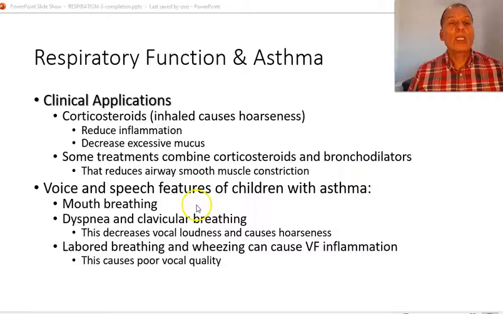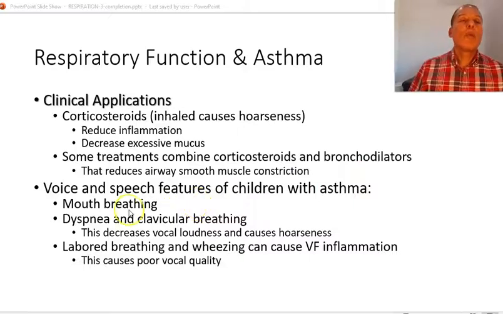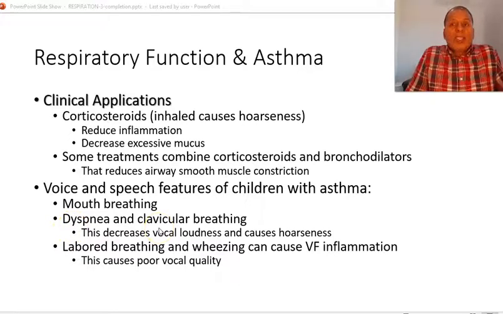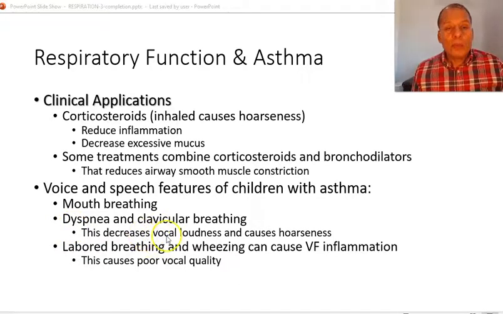Voice characteristics include mouth breathing. When you breathe through your mouth, you dry the vocal folds more, you expose your oral cavity more to germs, and there are a lot of abnormalities that involve mouth breathing. The person would exhibit dyspnea and clavicular breathing because they're gasping for breath, and that decreases vocal loudness and causes hoarseness.